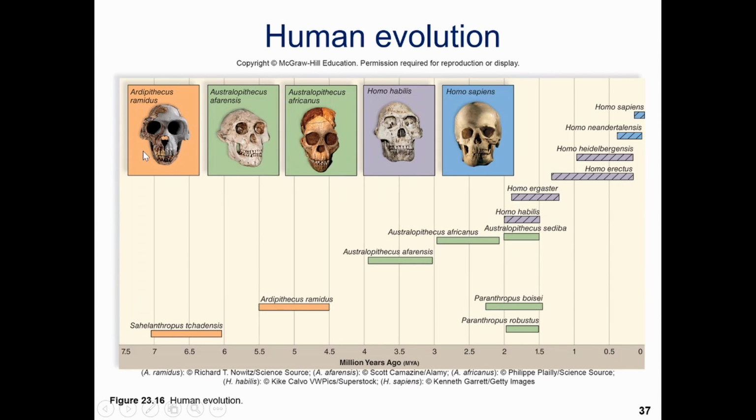This right here looks more ape-like. But as we move this way, the face starts to flatten out, the jaw starts to change, and the braincase, the cranium, starts to enlarge. So over time, we're seeing that shift in characteristics that become less and less ancient ape-like and more modern human-like.